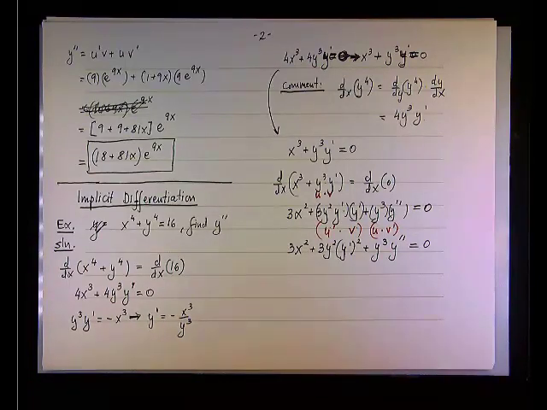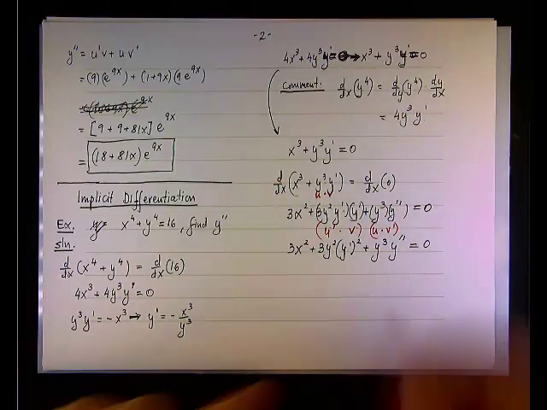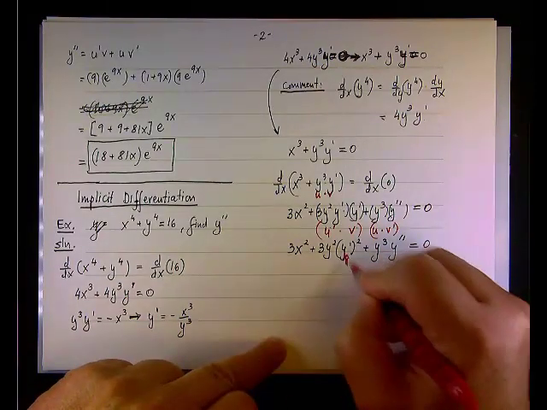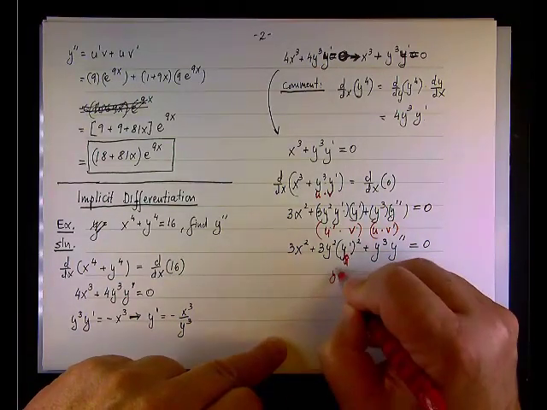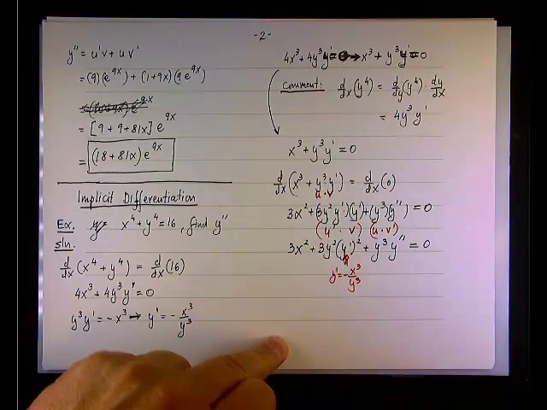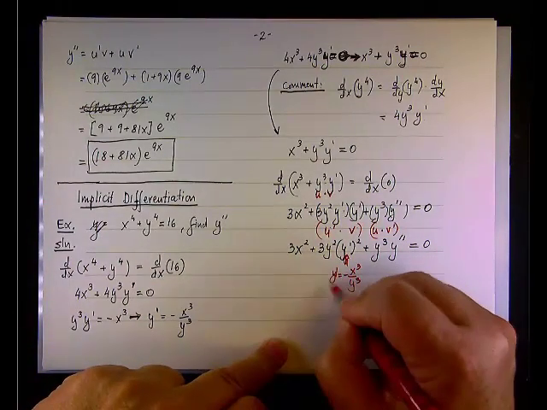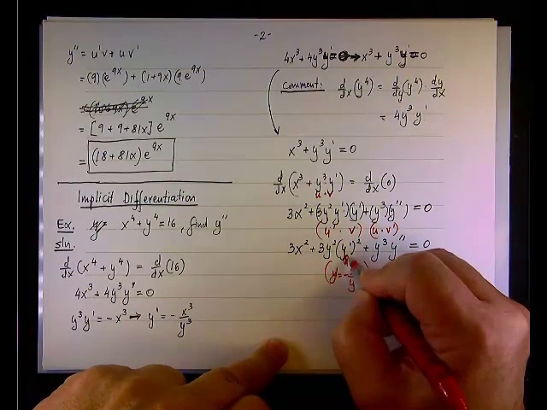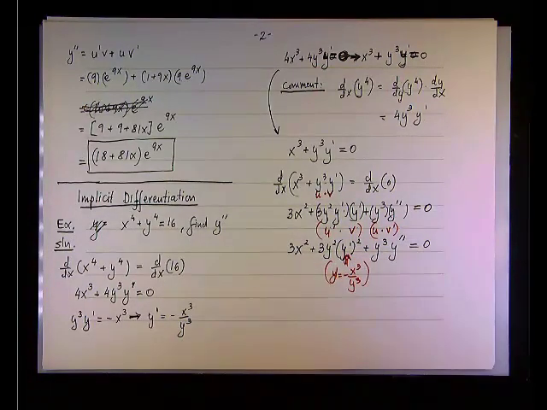Okay, so what we're going to do right here, we're going to plug in y prime equals negative x cubed over y cubed, like so. Okay, so this will go to replace, and of course we need to square it. So let's see what do we have now.